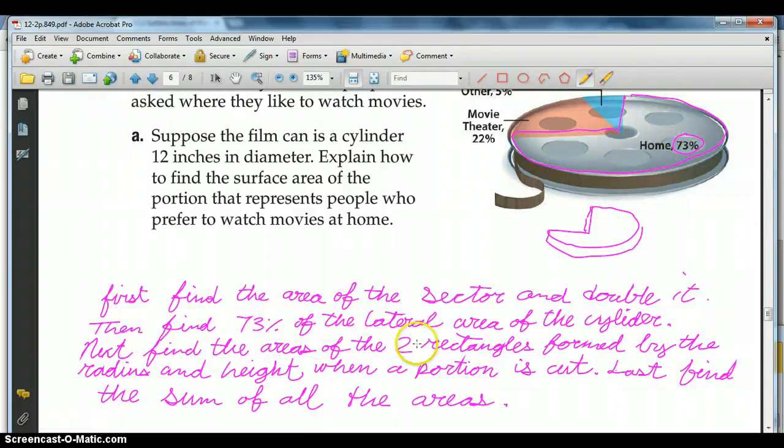Next, we'd find the areas of the two rectangles formed by the radius and height when a portion is cut. So basically there's a rectangle here and then there would be a rectangle here. That's not the best way to look at it.